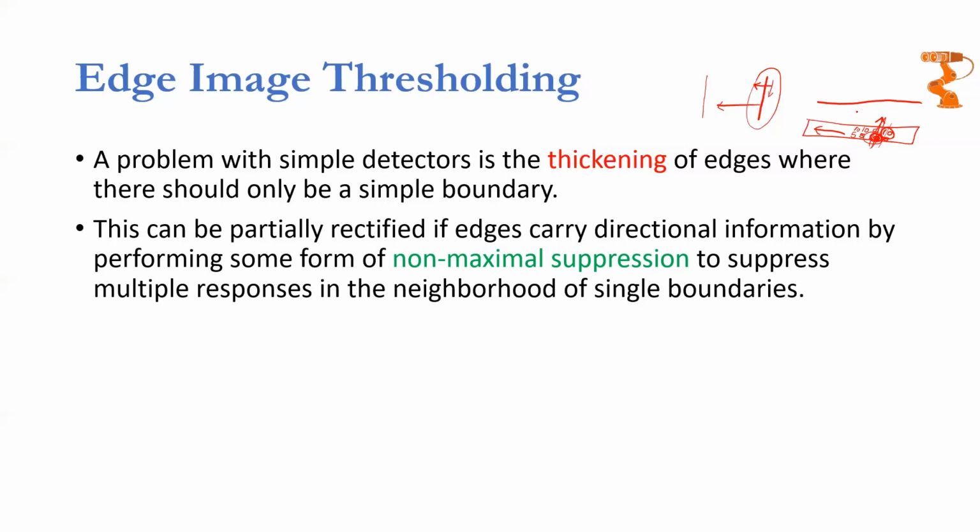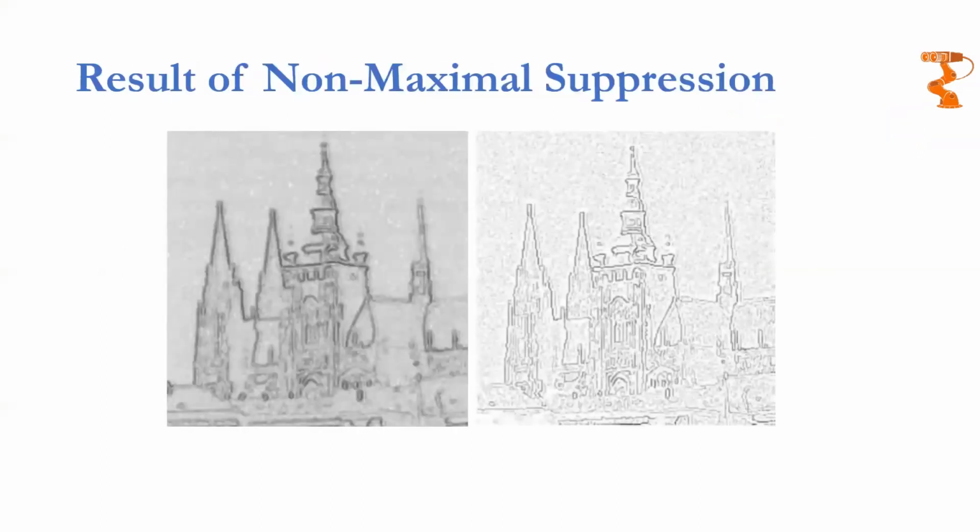Okay, I would like to recommend you guys to go to the text and study about this non-maximal suppression in a bit more detail. So this will be the result of a non-maximal suppression technique. You can see that over here there are thick edges, and these thick edges will be converted into thin edges.